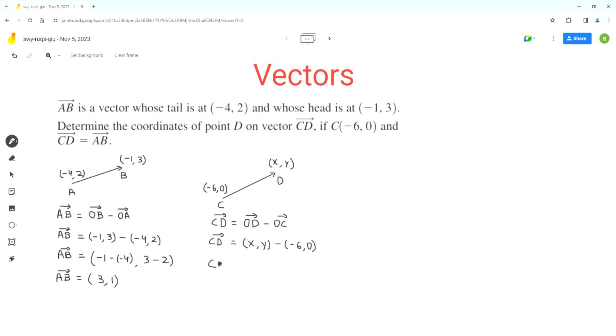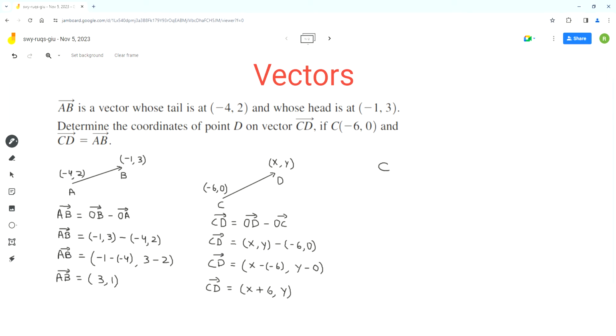We subtract the x numbers and then the y numbers. So we do x minus -6 and then y minus 0. We can simplify this vector: x minus -6 becomes x plus 6, and y minus 0 is just y. So this is vector CD.